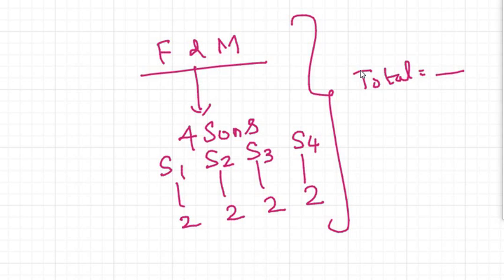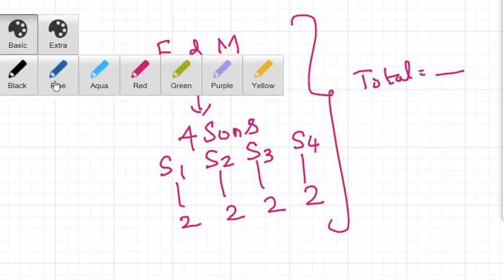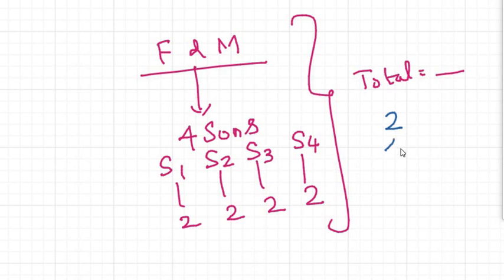Some of them answered 10, some answered 6, some answered 8. Okay, so this is a reasoning problem. So father and mother 2, sons 4.